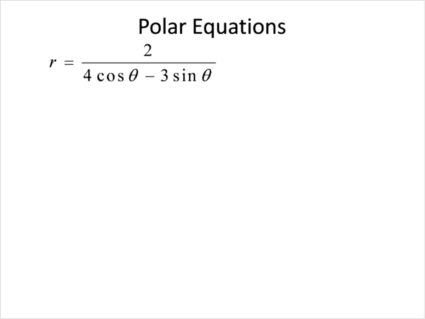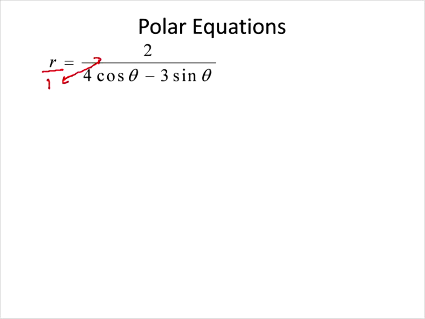All right, let's try a little bit harder. So here we go. We have r equals 2 over 4 cosine theta minus 3 sine theta. How about I do a little cross multiplying? I'm going to say that this is the same as r over 1.